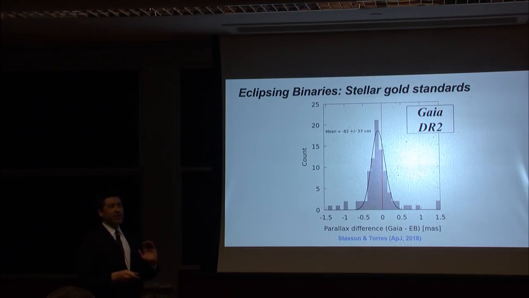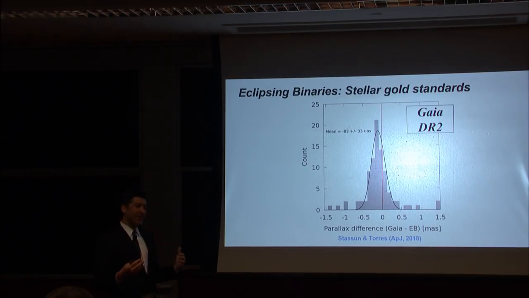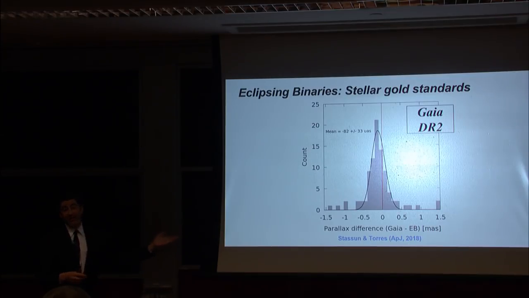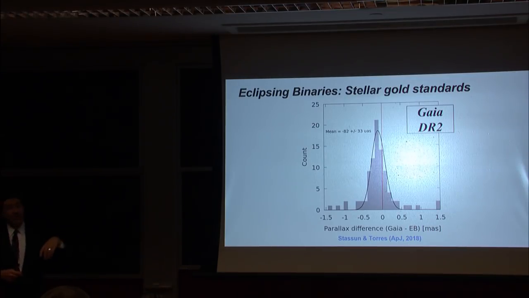Well, we did look at whether this offset appeared to depend on distance. With this sample, there was nothing obvious. I should also make clear these are Milky Way eclipsing binaries. We reach out to 1 or 2 kiloparsecs with this sample. Since then, there have also been others.